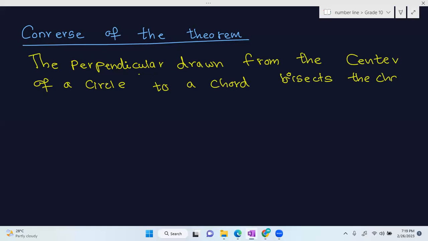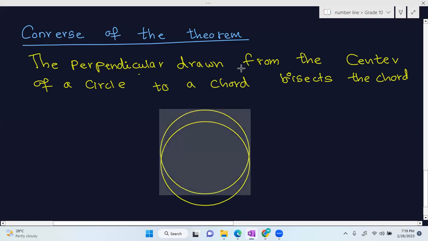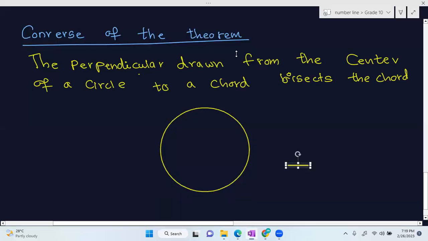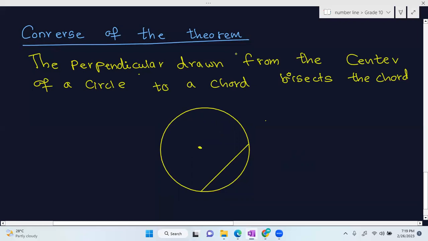That means here there is a circle, and then there is a chord, and this is the midpoint.